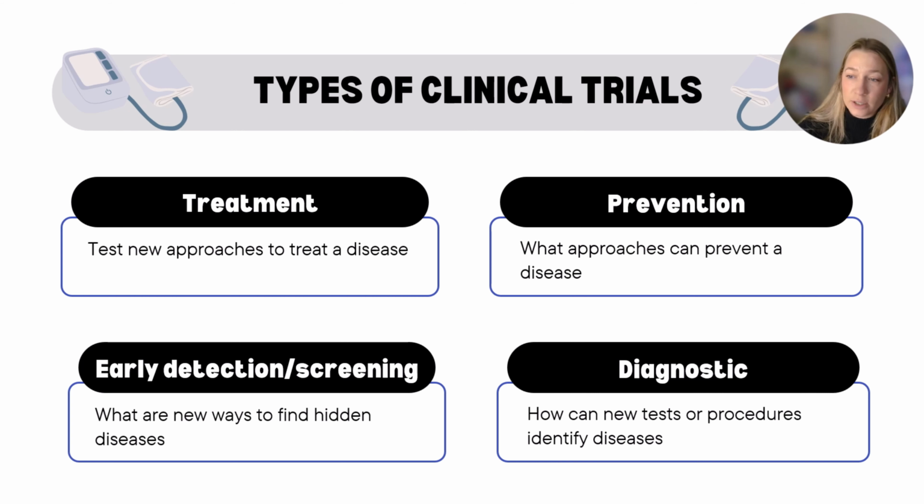And diagnostic trials evaluate better methods for identifying conditions accurately and quickly. Each of these trials involves participants who are ideally fully informed about what they're taking part in, why it matters, and what the risks are. We'll come back to that idea of informed consent in just a minute.